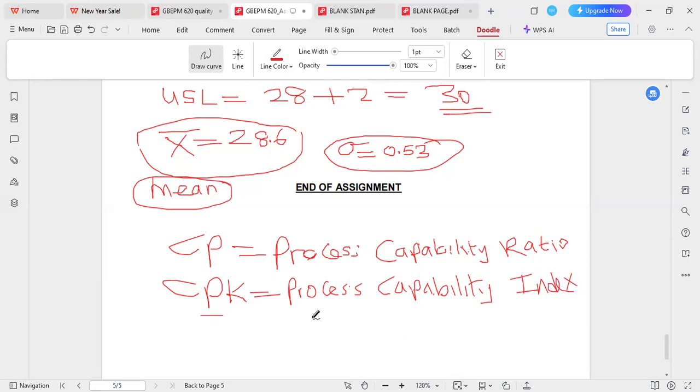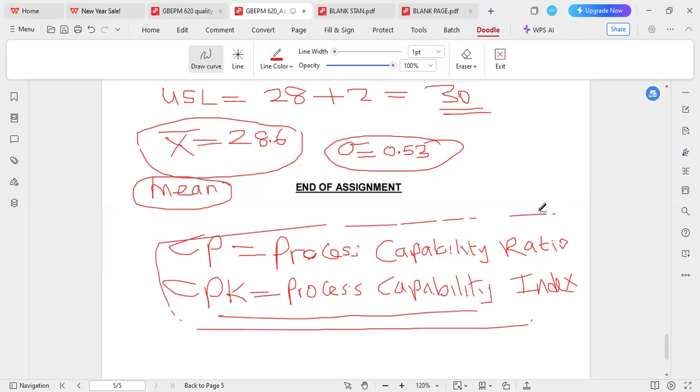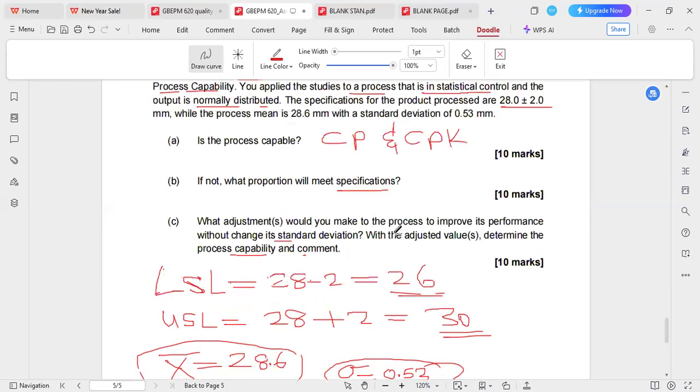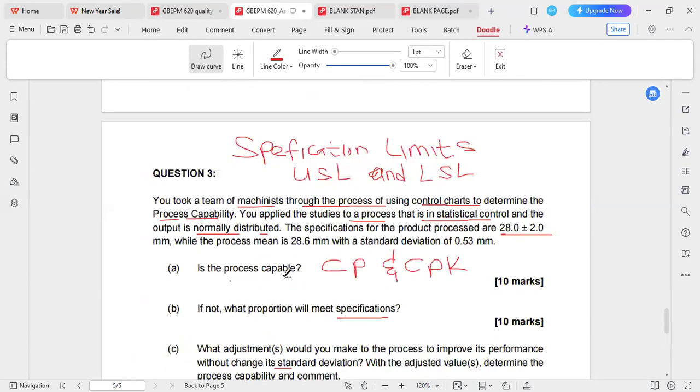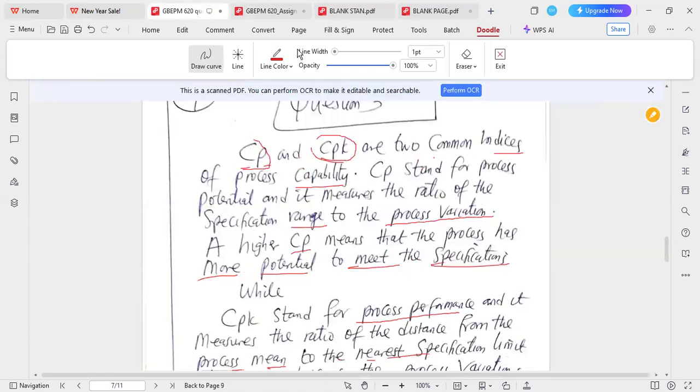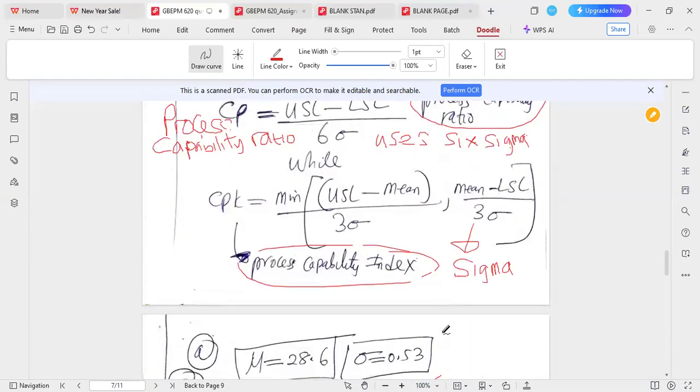So this is what goes on here. This is what we use when you are testing for the process capable. So we use the CP and the CPK to test the process capability ratio or the process capability index.